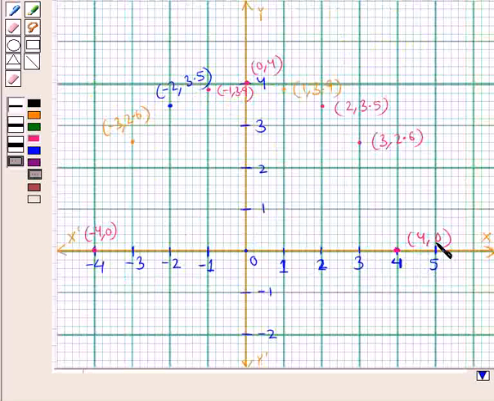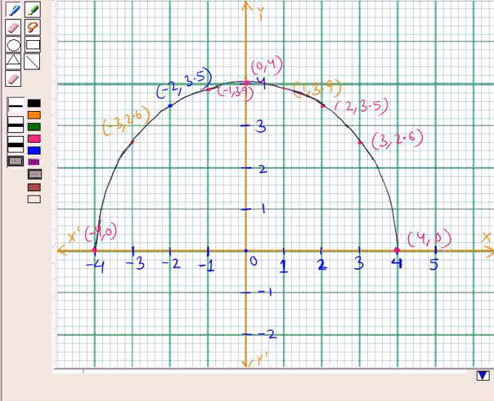Now we will join these points by a freehand curve. So we have got this curve. As you can see, this curve is symmetrical about the y-axis. Then it does not pass through the origin. It intersects the x-axis at the points 4, 0 and minus 4, 0, and the y-axis at the point 0, 4.